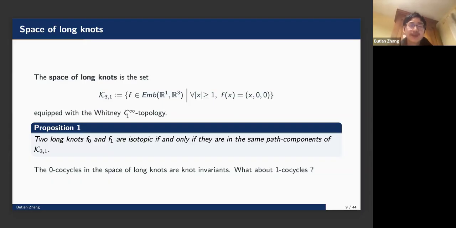For the C-infinity topology, there are two types, a strong version and a weak version. Here, the two versions coincide because our long knots are compactly supported. Okay, that's just a remark.